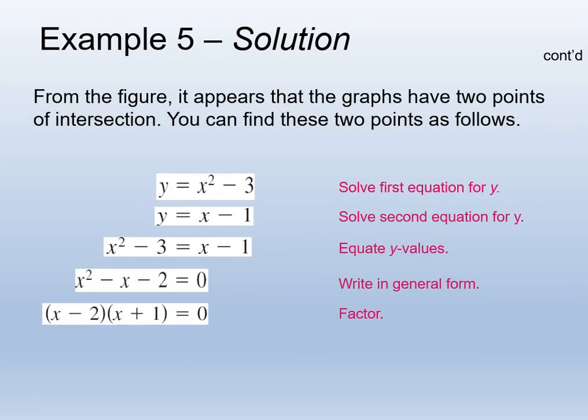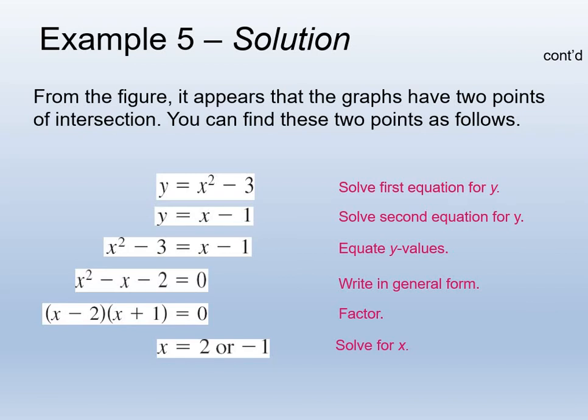We set each one of those equal to 0 and solve, so it works when x equals 2 or when x equals negative 1. Those are the solutions, and remember, that's the x piece. We have to substitute these back into the original equation to find the two y values. It doesn't matter which original equation you use, the first one or the second one, but you have to substitute x into it to get the y value back.